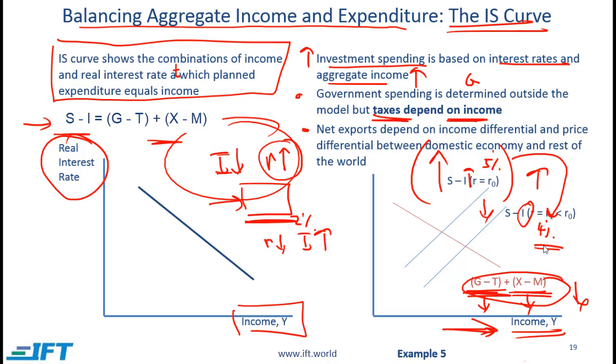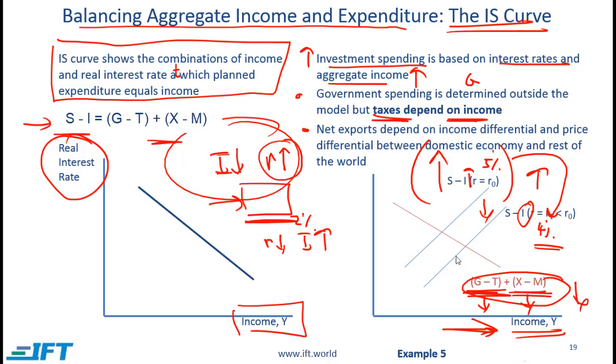So lower interest, investment goes up. If interest rates had gone up, then investments would come down. There is an inverse relationship between interest rates and investment. Here, since interest rates have come down, investment is up, so S minus I is down.